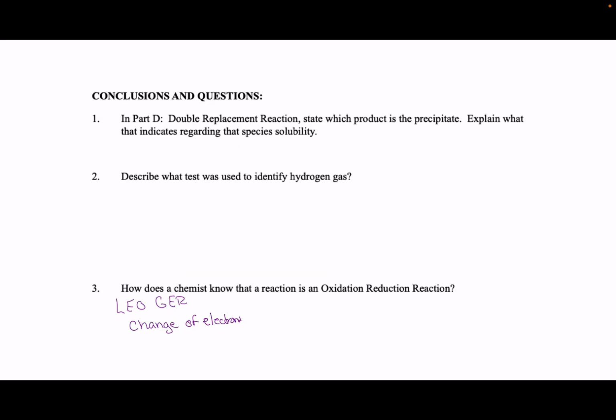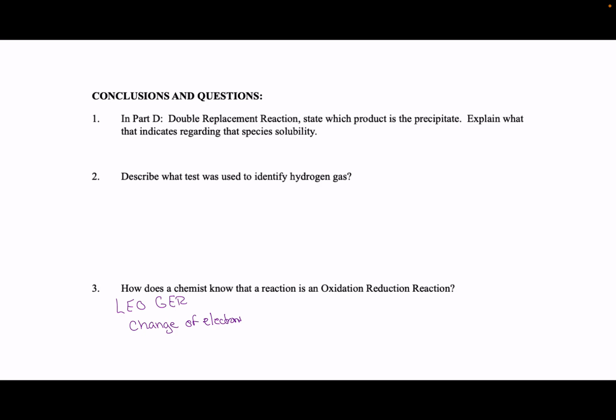Okay. And then there were some questions that you're supposed to look at in part D, double replacement reactions. It states you're supposed to say which one is the precipitate. Like we mentioned earlier, it's the KI. Explain how you know that. A precipitate has to be the solid. And then if I have my solubility rules, then I know which one is that substance.